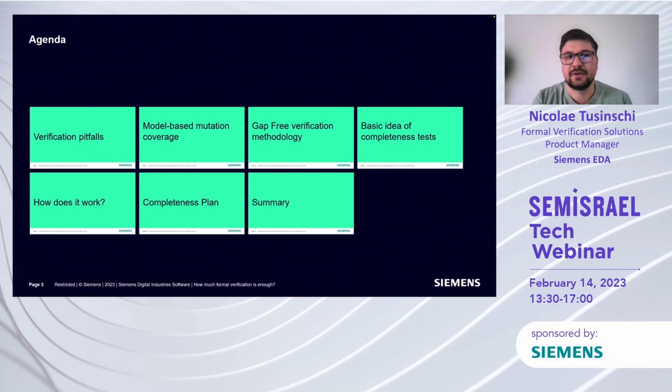The alternative is mainly code coverage based, but it has a model-based mutation analysis under the hood. And then we jump into today's methodology, which is called gap-free verification. We will introduce the basic idea of completeness tests, how it works, what the ingredients are, and we'll summarize it shortly with a few ideas that we get to.